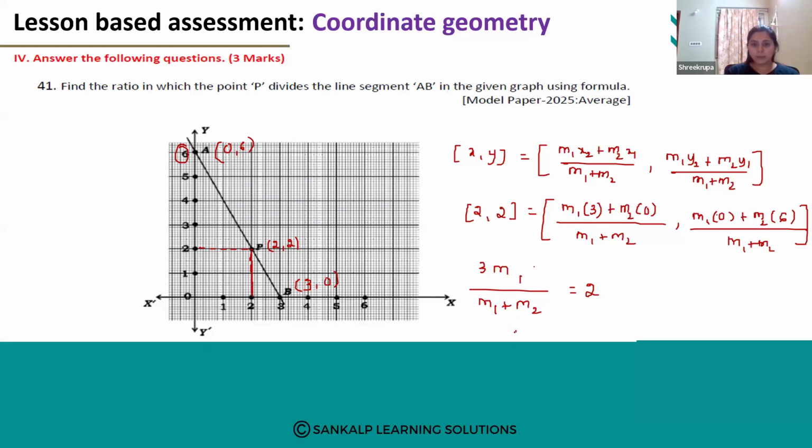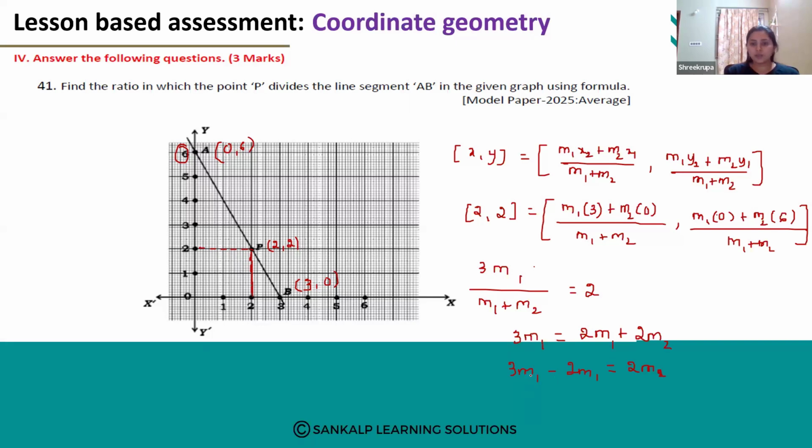If we cross multiply, 3m1 will be equal to 2m1 plus 2m2. And 3m1 minus 2m1 equals 2m2. I'm taking m1 terms to the same side. And on the other side, 2m2 will be left.